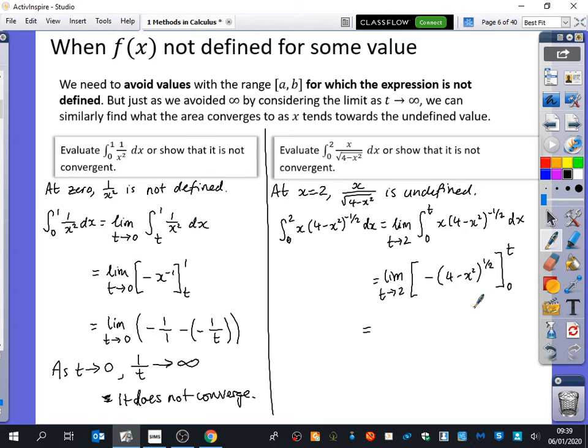So when we substitute in our values, we then get, I still have to write this annoying bit at the beginning, the limit as t goes to 2, you get minus (4 minus t squared) to the half minus what becomes a plus 4 to the half.